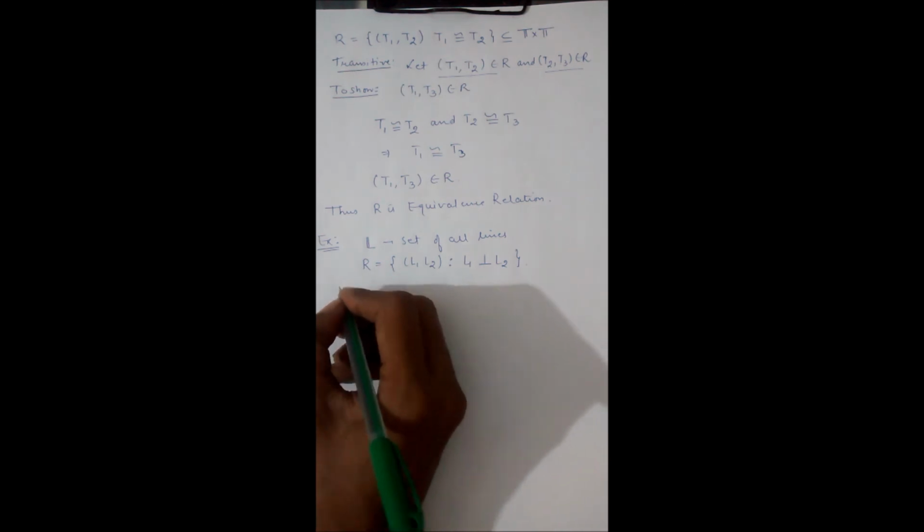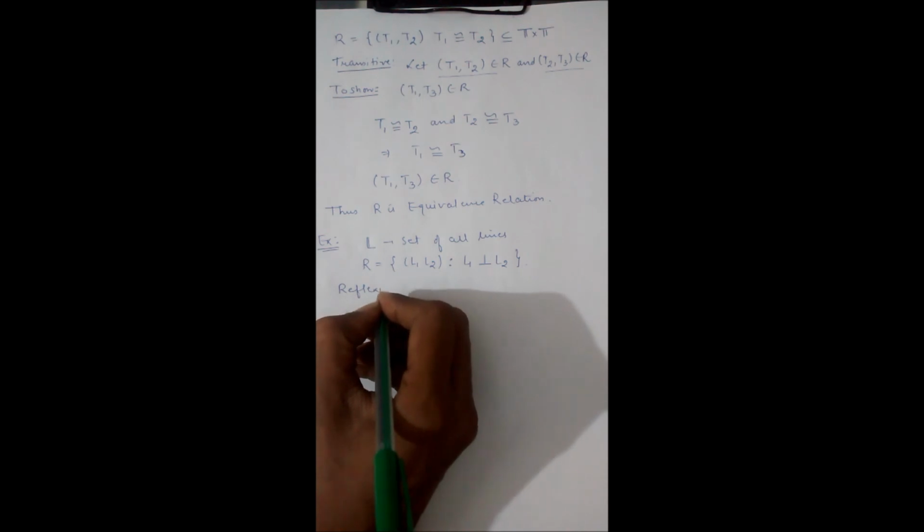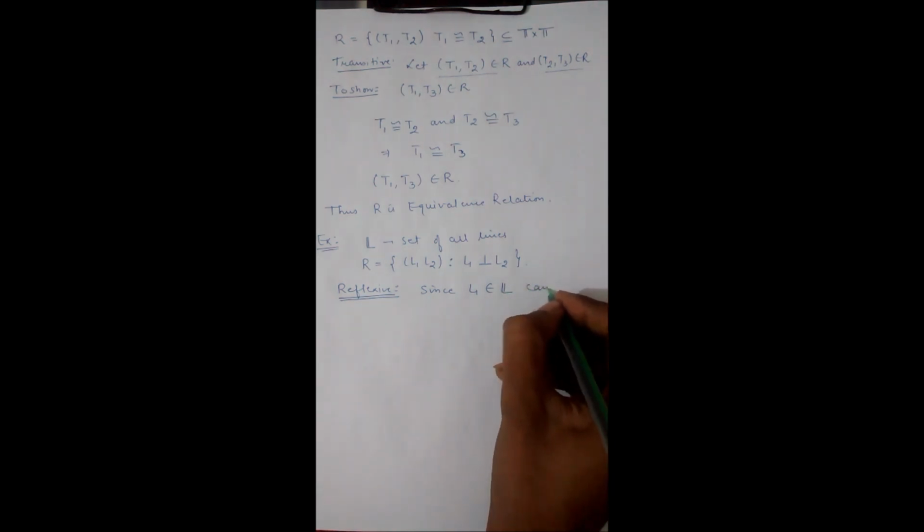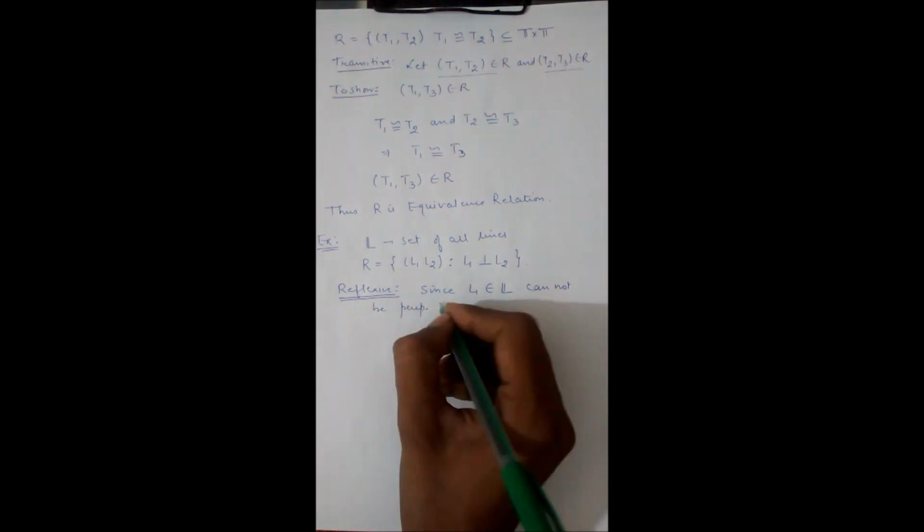Now, the first condition for an equivalence relation is what? Reflexive. One can clearly observe that a line cannot be perpendicular to itself, since L1, a line that belongs to the set L, cannot be perpendicular to itself.